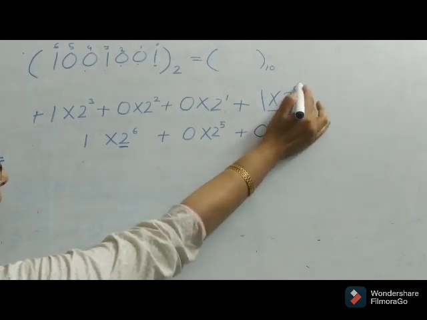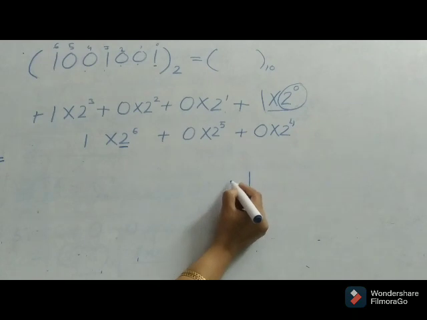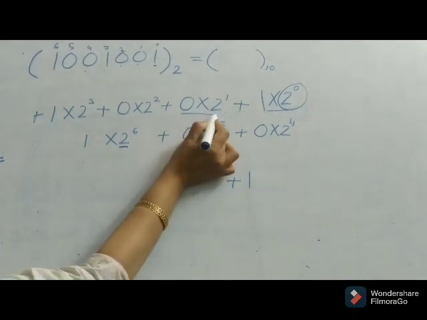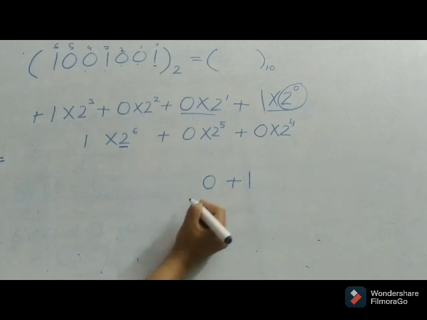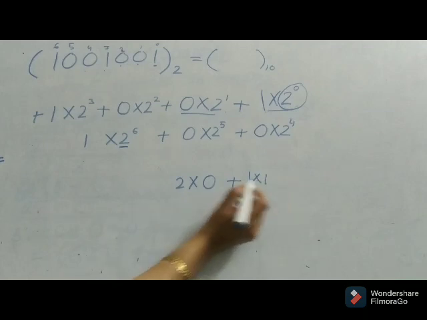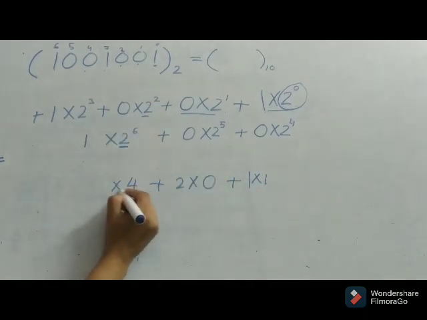Now the next step, as I told you, will be 2 to the power 0 into 1. This 2 to the power 0 is 1, so 1 into 1 will be 1. Then plus 2 to the power 1, that is 2 into 0, will be 0. I should write it in a more elaborate form. Then 2 to the power 2, that is 4 into 0.